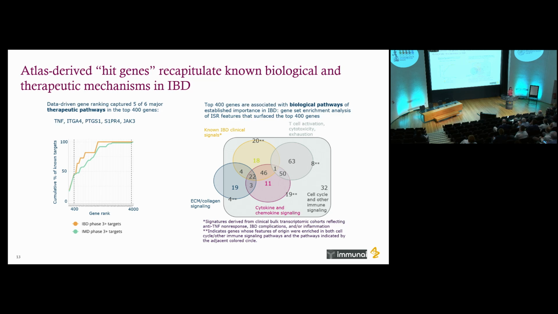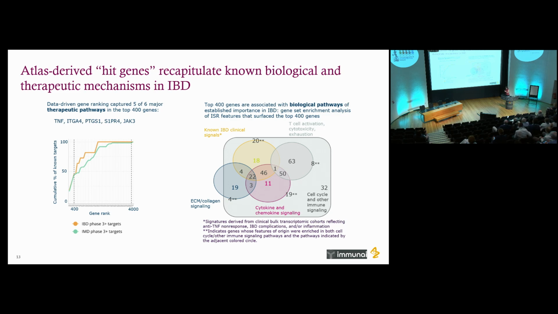So this really increased our confidence that these targets will result in clinically viable targets. Another way to grow that confidence is by looking at the biological pathways that are enriched in the features from which these genes are derived.